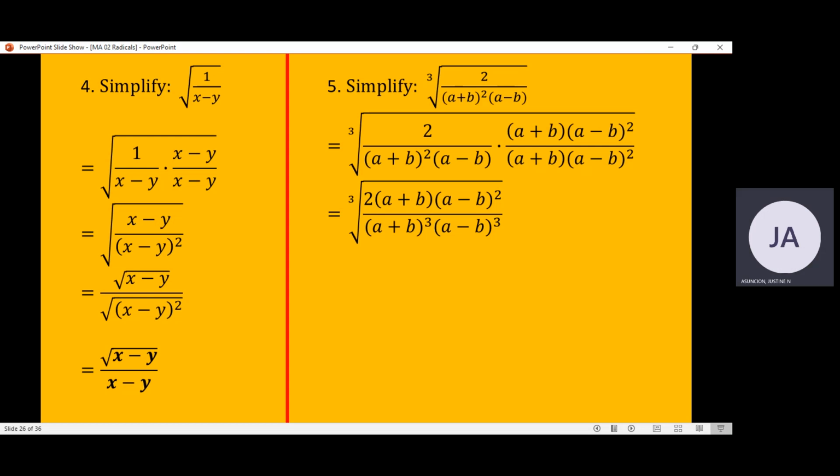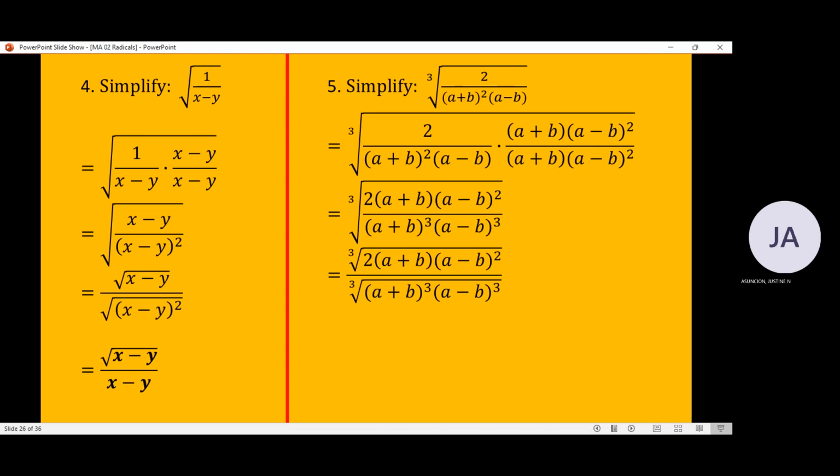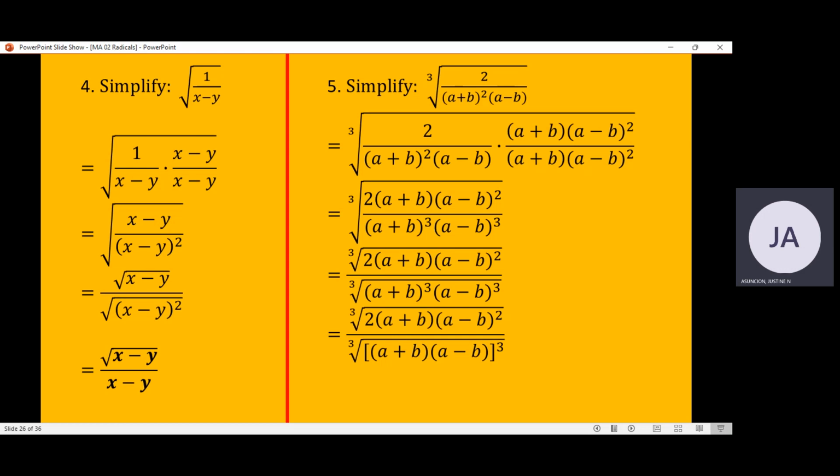So as you can see here, we have the perfect root for the denominator. So simplifying that, we have the cube root of 2 times the quantity of a plus b times the quantity of a minus b squared all over a plus b times the quantity of a minus b.